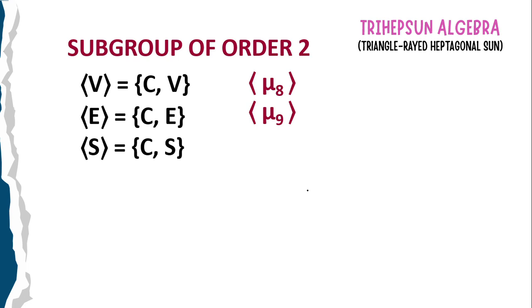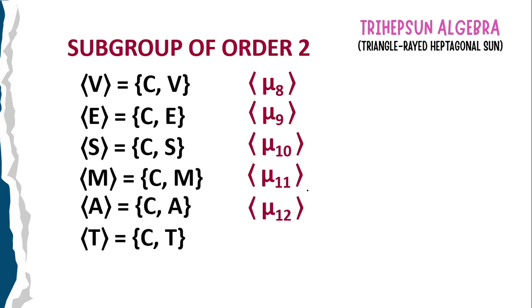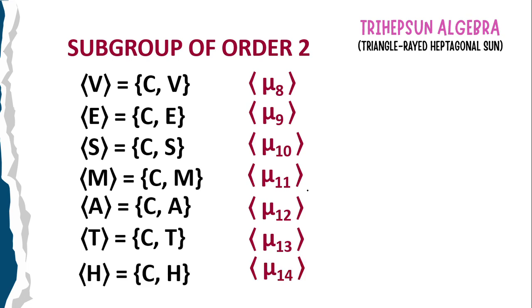For S, which generates ⟨CS⟩, or the μ10. M is equal to ⟨CM⟩, or the μ11 on our lattice diagram. A is equal to ⟨CA⟩, or our μ12. T is equal to ⟨CT⟩, or our μ13. H is equal to ⟨CH⟩, or our μ14.